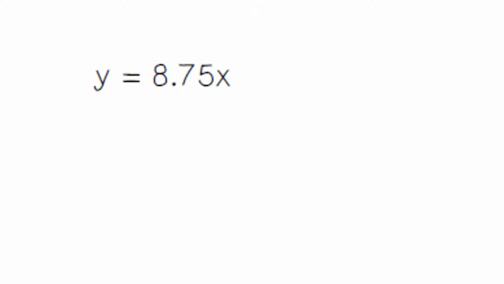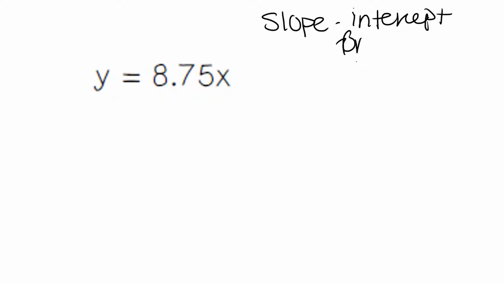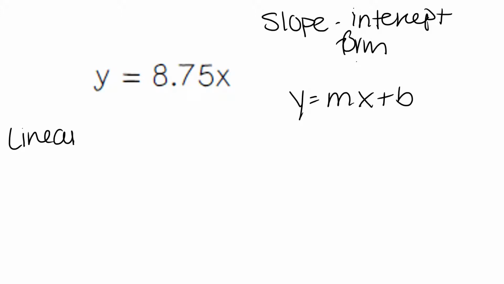For the equation y equals 8.75x, again, for all equations, they need to be in slope-intercept form, which is the equation y equals mx plus b. This one is linear because it is in slope-intercept form.